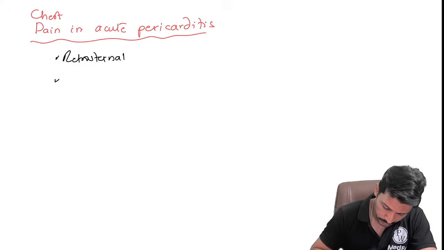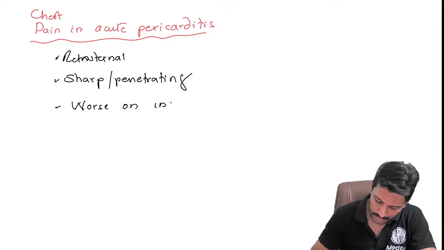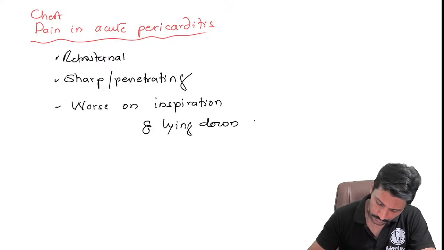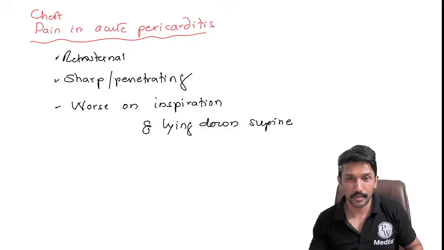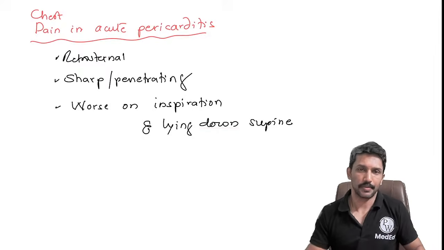But this pain is more sharp or penetrating in nature, and it is worse on inspiration. Deeper breaths hurt more. It is worse on inspiration and on lying down supine. In the opposite, on expiration the pain gets better, and on sitting up and leaning forwards the pain gets better.